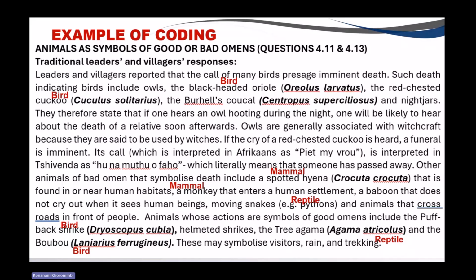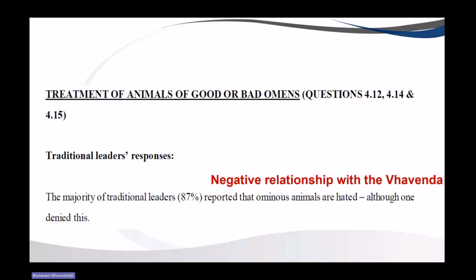There is a substantiation, and here I got it from the data. These are the responses from the different respondents. The traditional leaders say that the majority of traditional leaders, which were 87, reported that ominous animals are hated.